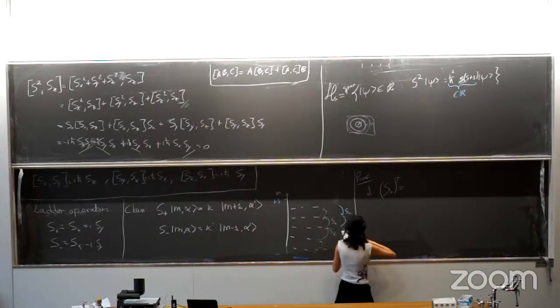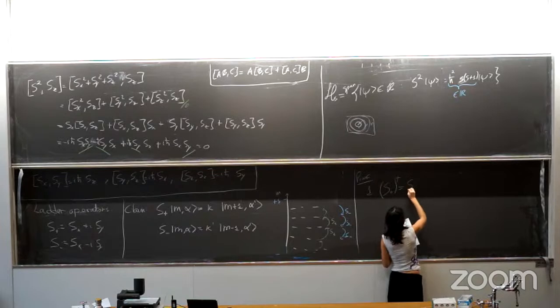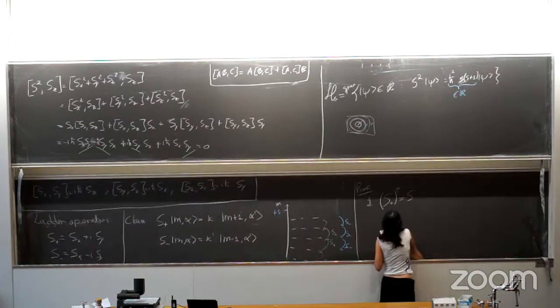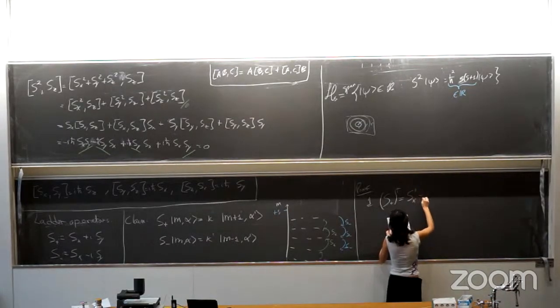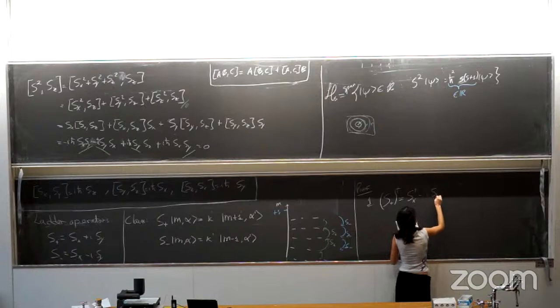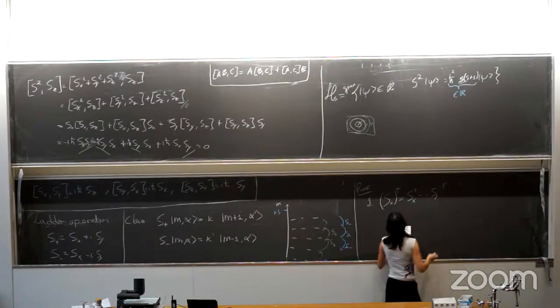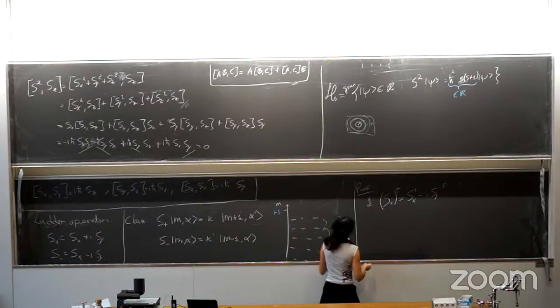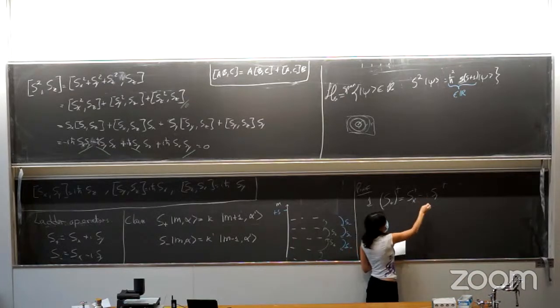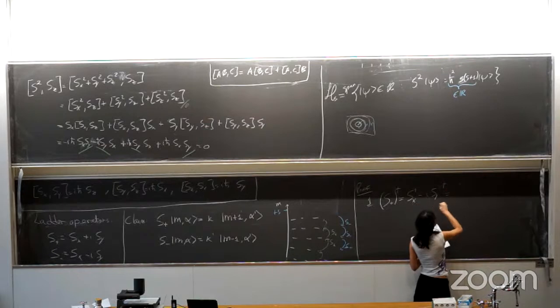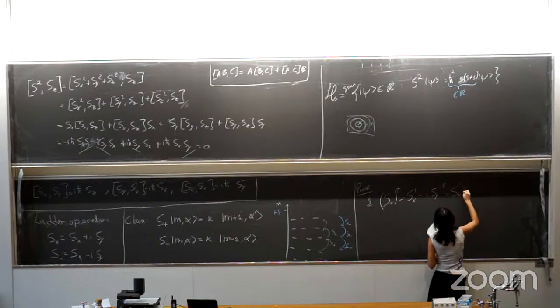So this is Sx plus i Sy, conjugated. Right? Because it's a conjugate, the i becomes minus i, but these two are Hermitian, so it's just Sx minus i Sy, and that's just S minus.